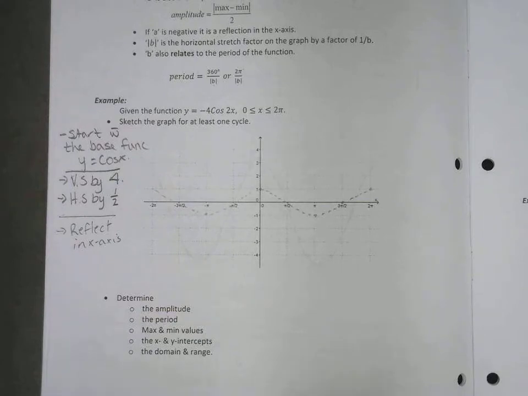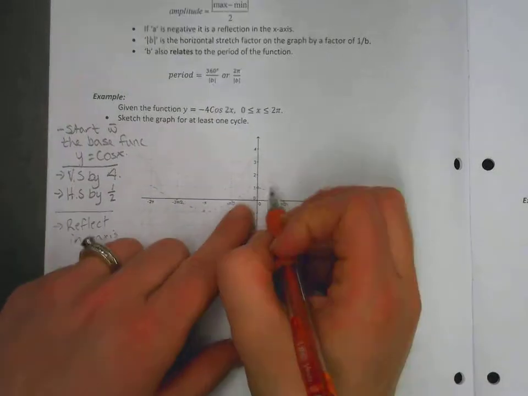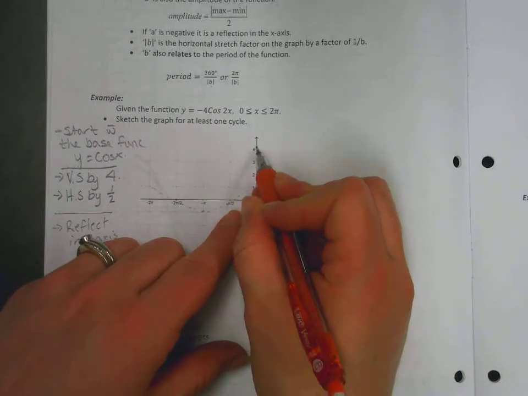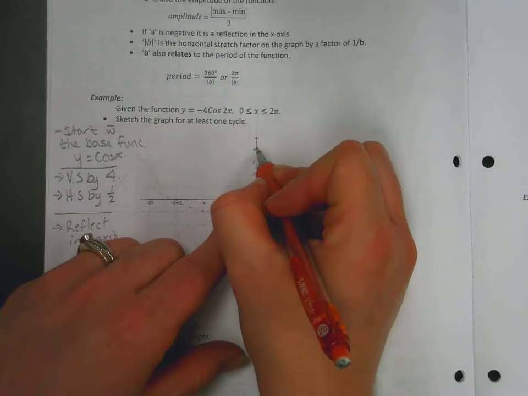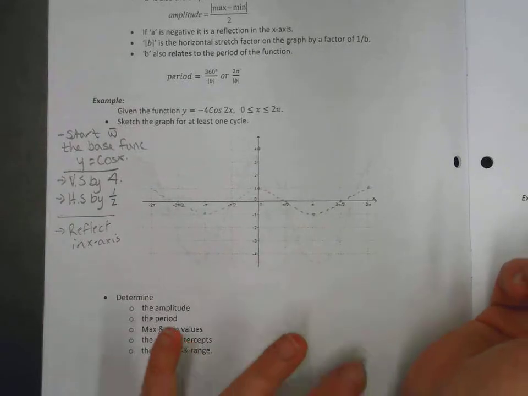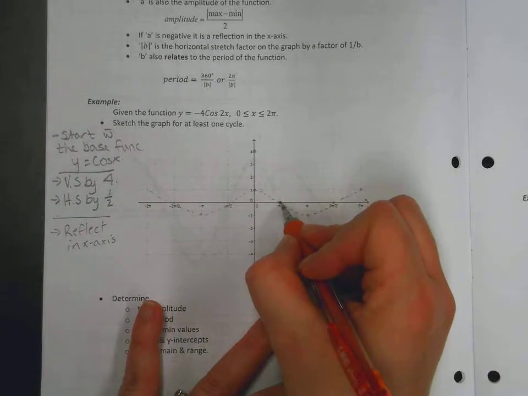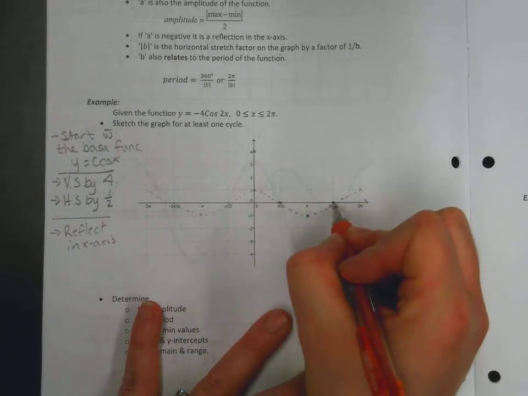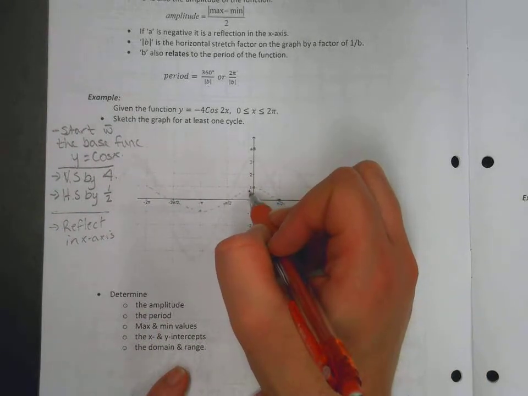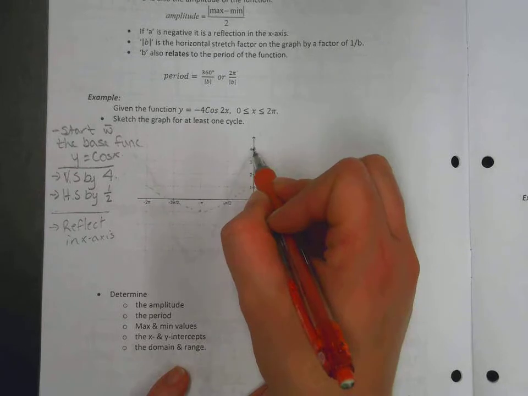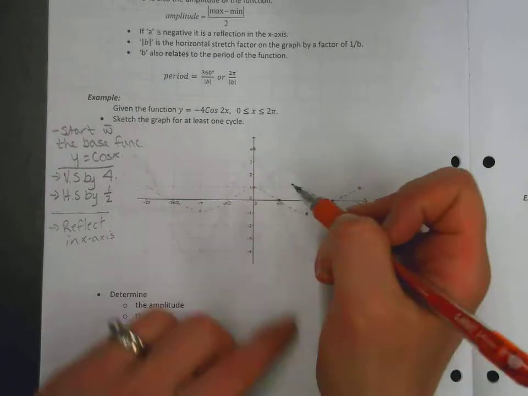So what is going to happen to this graph? I'm going to stretch it by 4 vertically, so this point is now going to occur there. Then I'm going to take every one of these other points and do the same thing. If I horizontally stretch this point, it's not going to move because my x value is 0.